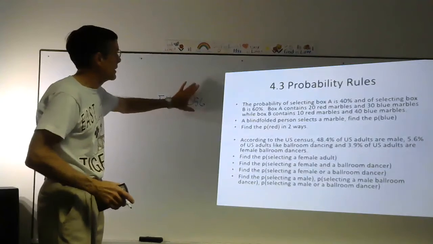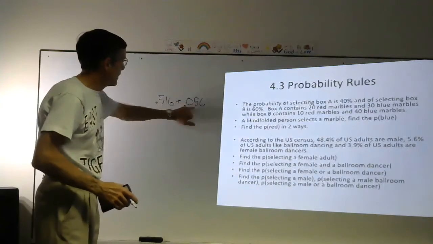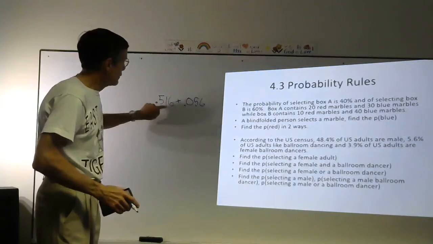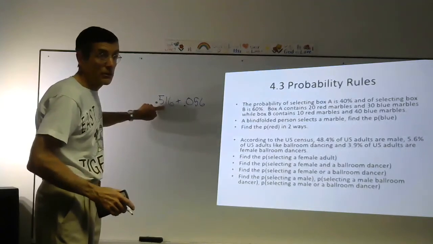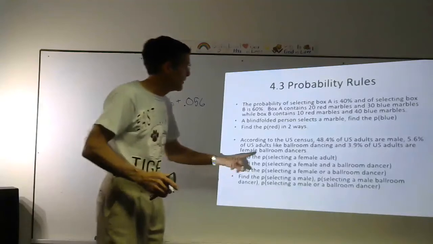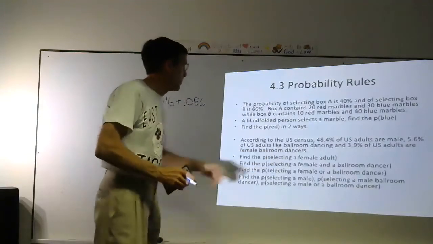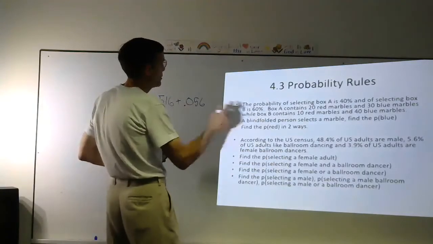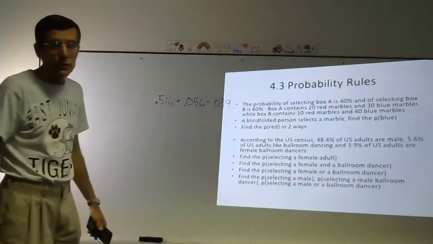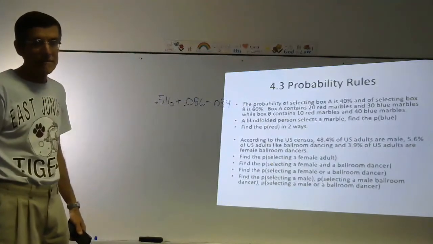But in this group of ballroom dancers and females, you've got some females that are ballroom dancers, so we counted them twice. We've got to subtract off the ones that are female ballroom dancers, which is 0.039. This can be really, really tricky. Okay?